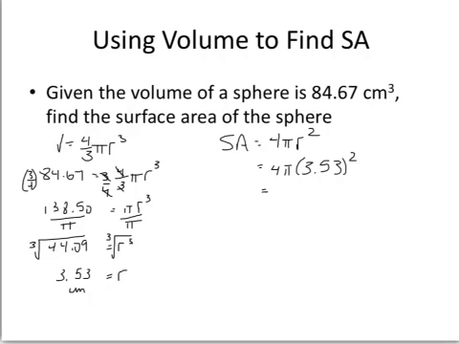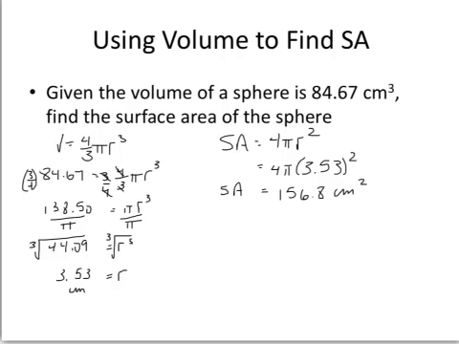And so we get our surface area is 156.8 centimeters squared for that sphere. So with a volume of 84.67 centimeters cubed, we have a surface area of 156.8 centimeters squared.